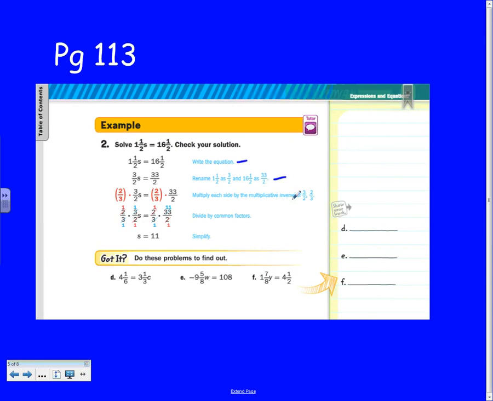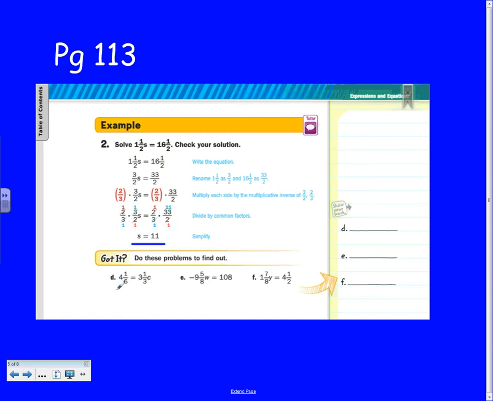Rewrite your mixed numbers as improper fractions. Then, what is our coefficient? Our coefficient is 3/2. So we multiply by the multiplicative inverse, which is 2/3. Everything cancels, and we end up with 11. Okay, seems pretty simple, huh?